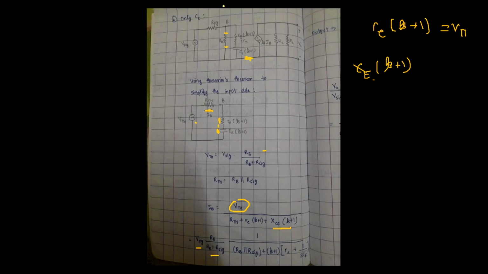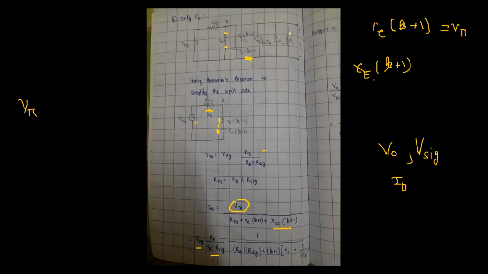So what we are actually trying to find here is the relation. We are going to relate VO and V signal using IB. In the previous case, we used V pi as a common term to relate both of them, and now we'll be using IB. So we know that the output voltage is equal to the current flowing through the equivalent resistance between these two.